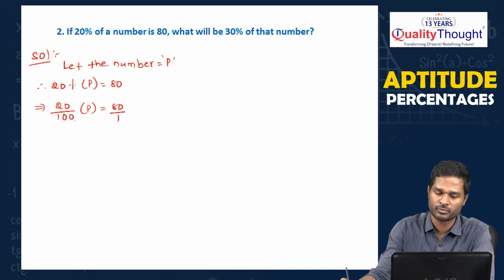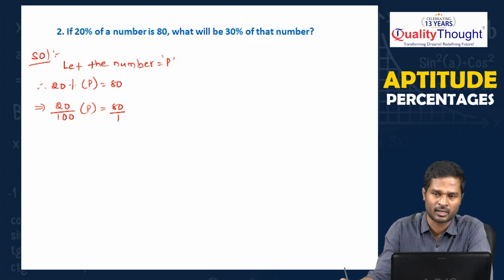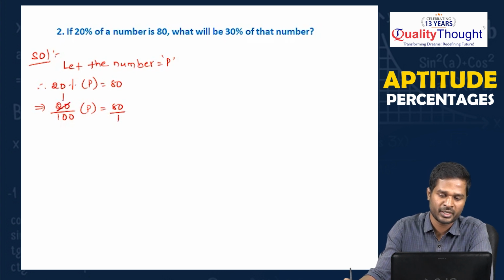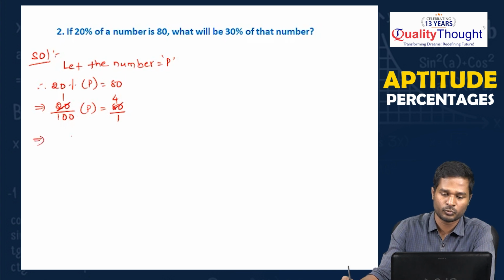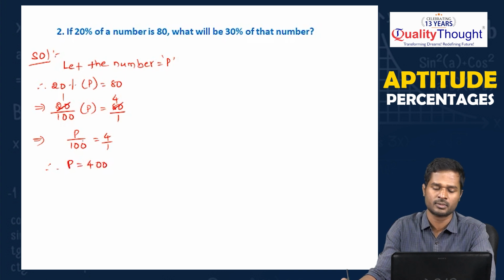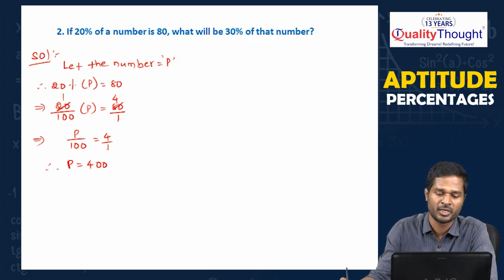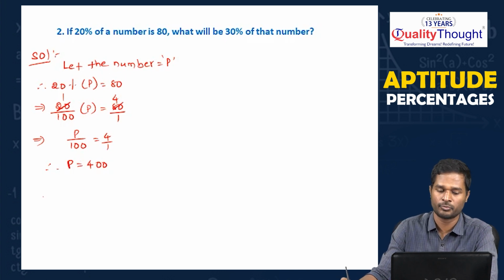As we have just now calculated in the first question, 20 ones are 20, 4s are 80. Now, what is left? p by 100 is equal to 4 by 1. Therefore, with cross multiplication, p into 1 is p and 100 into 4 is 400. So, the unknown number is 400.